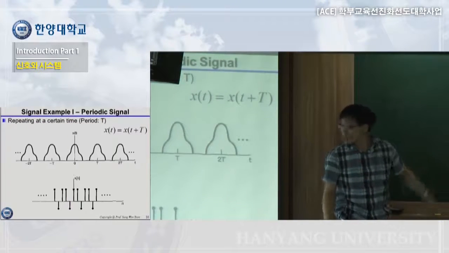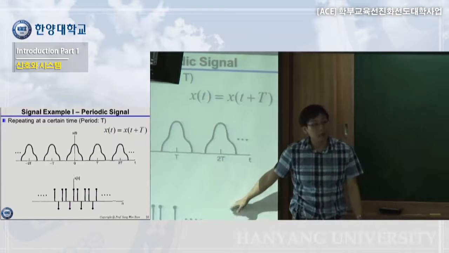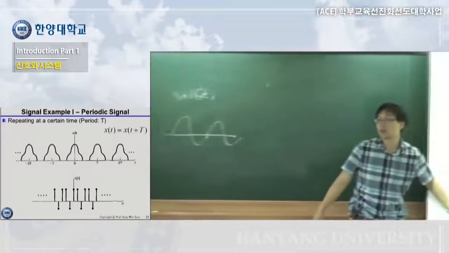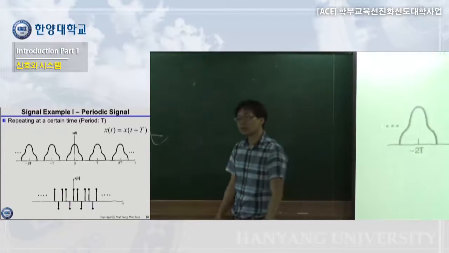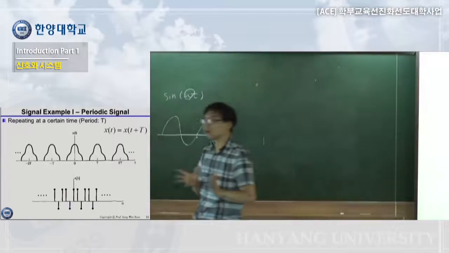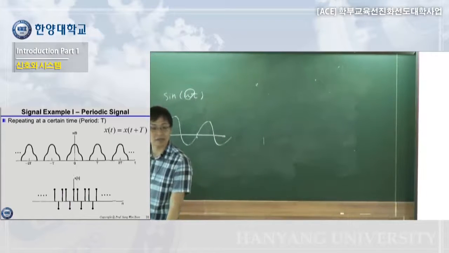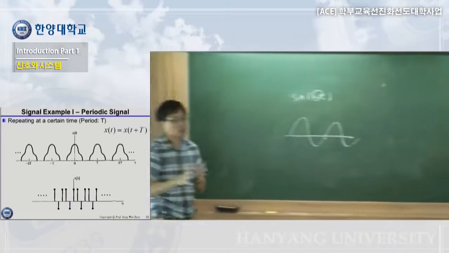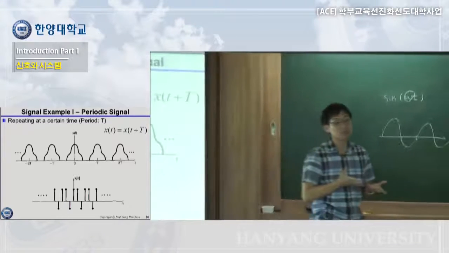But this one is periodic in the frequency domain. A little bit hard to understand. Of course, you know it's periodic because the answer is already given on this slide. But when I first saw this signal, it was hard to understand because something looks repeating, but not in a normal way.